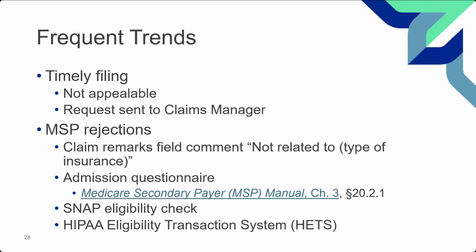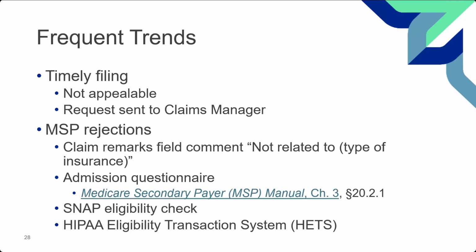Medicare secondary payer situations, that's another situation that is not considered good cause for timely filing. If another insurance is primary to Medicare, go ahead and file a claim reporting the primary insurer's payment or denial. Even if a primary insurance pays a claim in full, we do recommend that you still send a secondary claim to Medicare for reporting purposes.